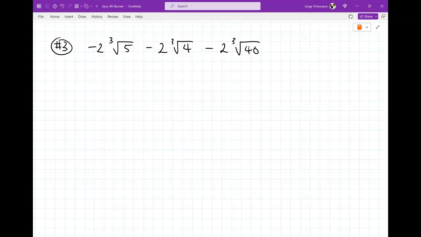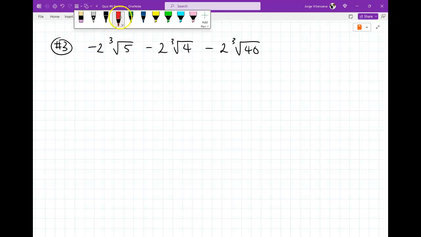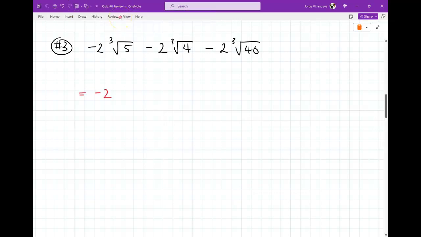40. What numbers can I multiply to get 40 with one of them having a cube root? 5 times 8, 8 times 5, doesn't matter which order, right? So I'm going to go ahead and use that. So this will be negative 2 cube root of 5 minus 2 cube root of 4 minus 2 cube root of 8 times 5.